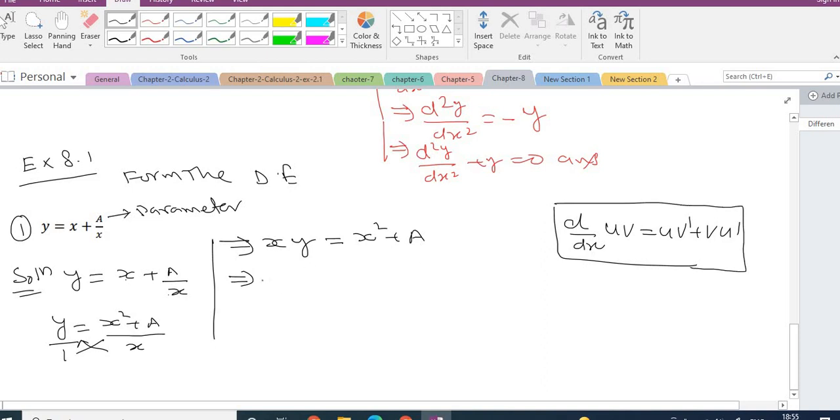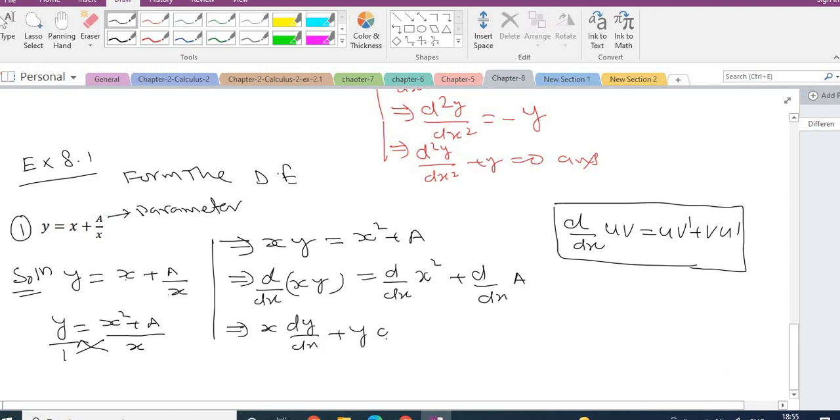Now d/dx of x into y equals d/dx of x square plus d/dx of capital A. Use the u into v method here: u v dash, that means d/dx of y means dy/dx, plus v and then d/dx of x, and d/dx of x square means 2x and d/dx of a means 0.